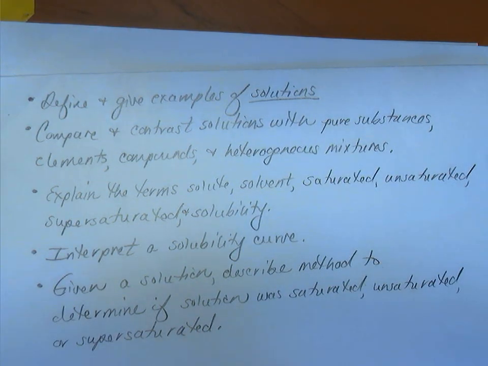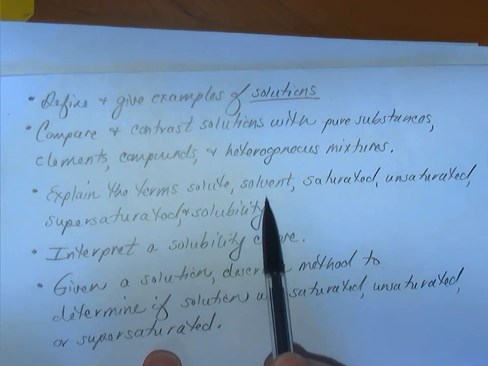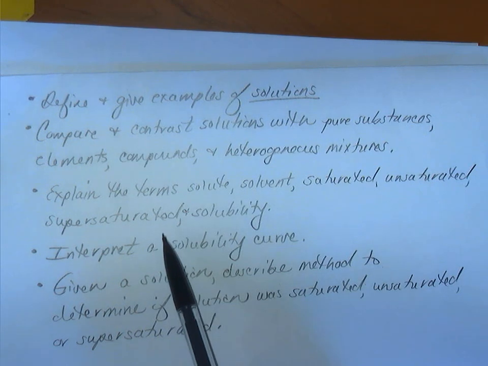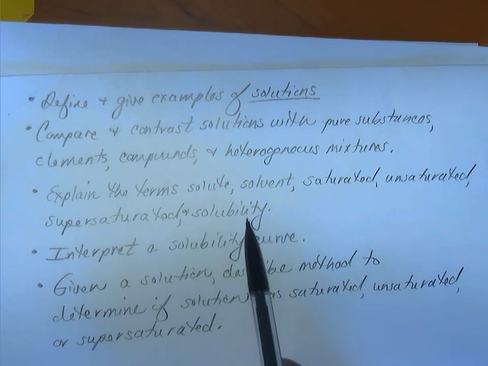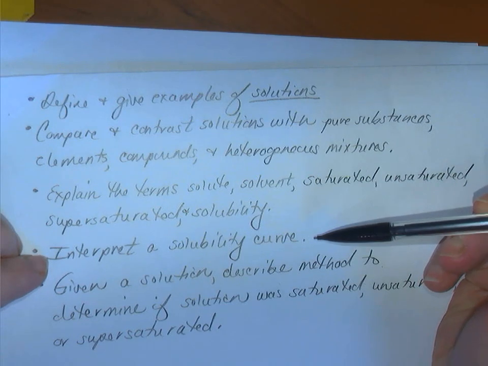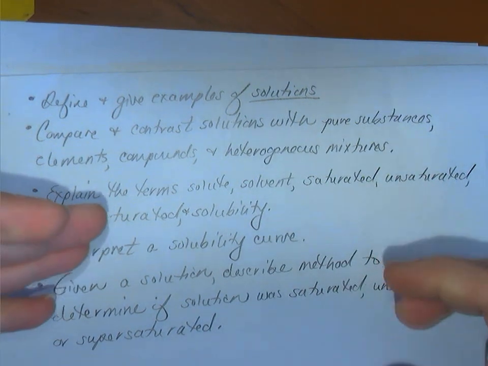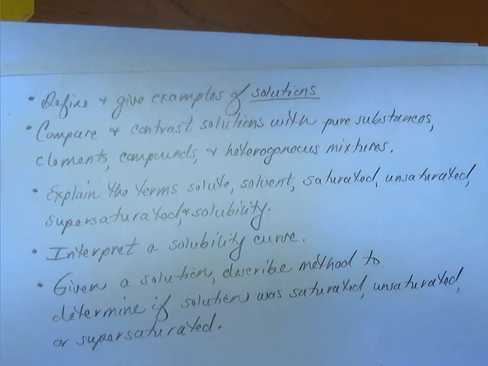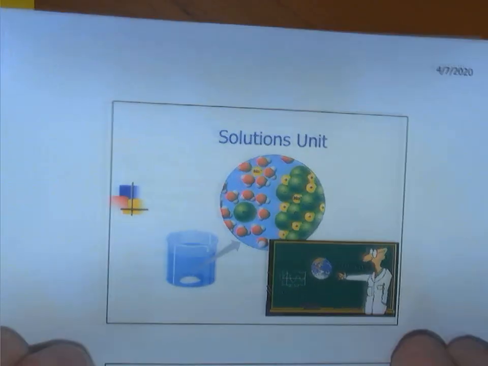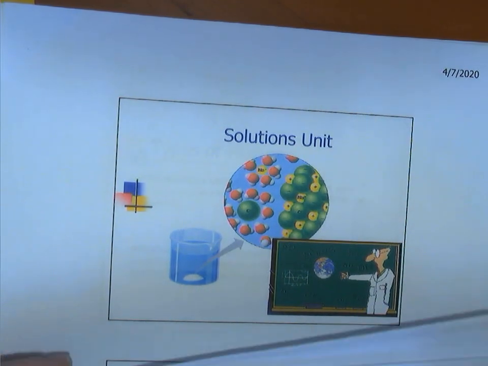Know and be able to explain in your own words the terms solute, solvent, saturated, unsaturated, supersaturated, and know what solubility is, as well as being able to interpret a solubility curve. And then if you're given a solution, how would you prove if it's saturated, unsaturated, or supersaturated? So let's dig in.